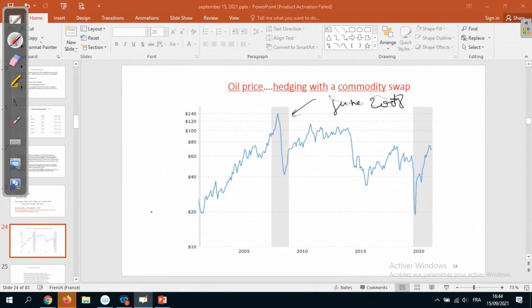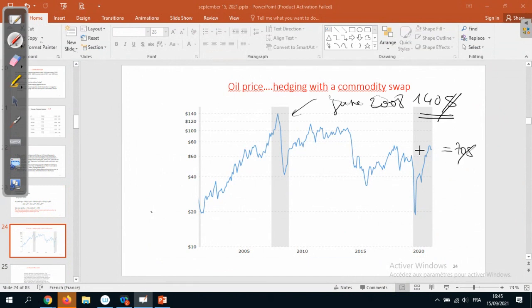It is at the end of the subprime crisis, financial crisis. The oil price in June 2008 had a top of $140. Okay, you remember today we are around $70.